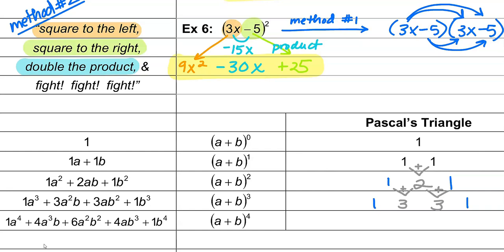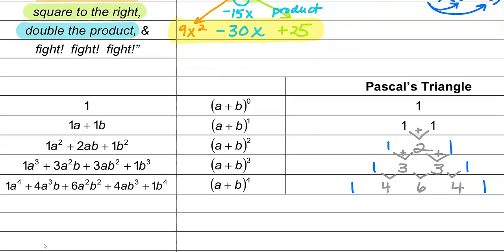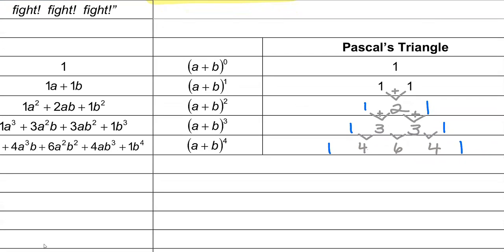The next row has to begin and end with a 1. You would add these together here, here, and here, and so you see 1, 4, then 6, and then 4, followed by a 1. Can you do one more row right now on your paper? And you can check with what I write.